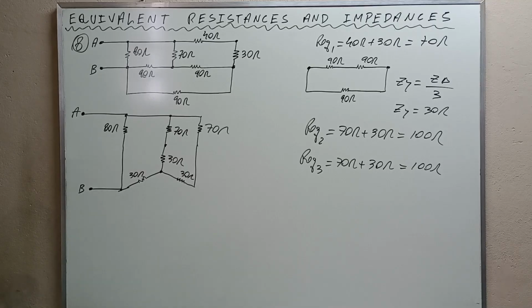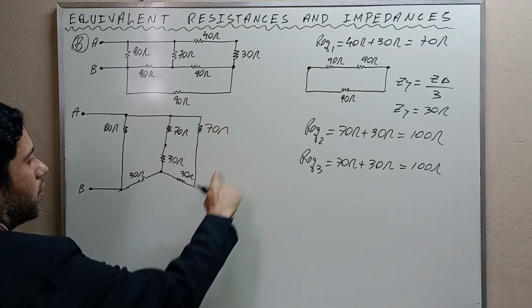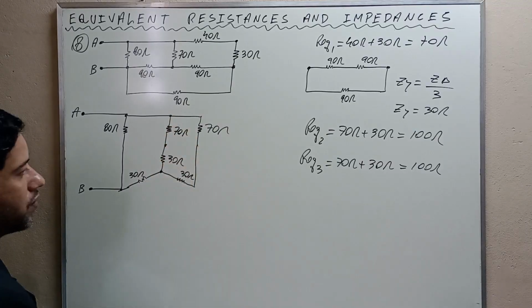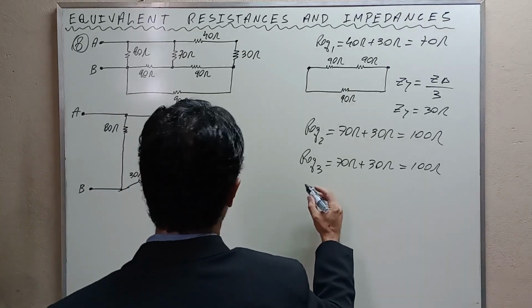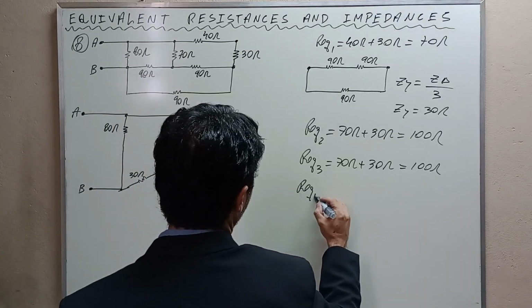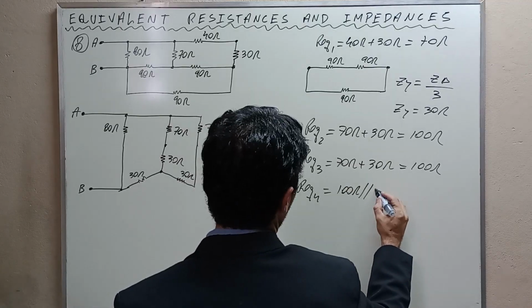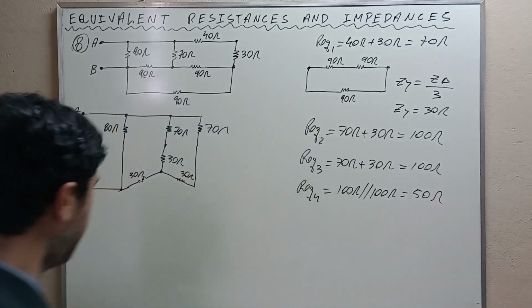Subsequently, we notice that these two 100 ohms resistances are connected in parallel. We substitute this by 100 and this by 100, and they will be in parallel. Equivalent resistance number 4 is 100 in parallel with 100, and this is equal to 50.